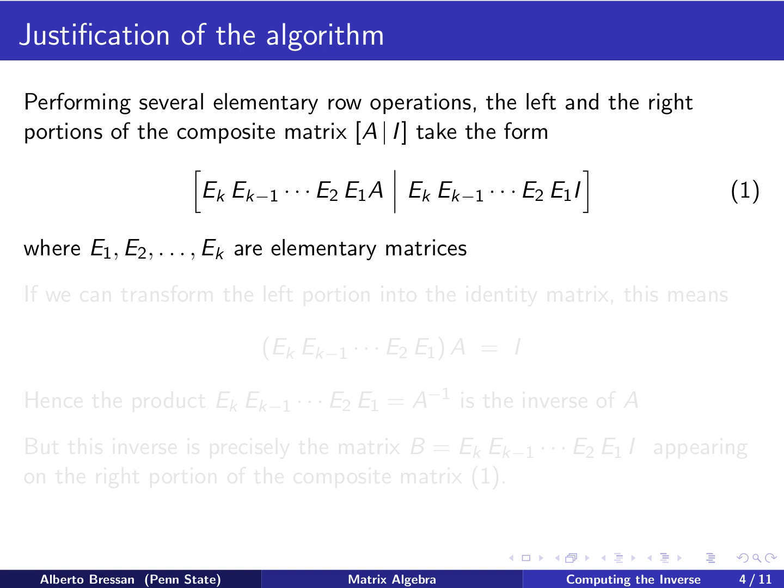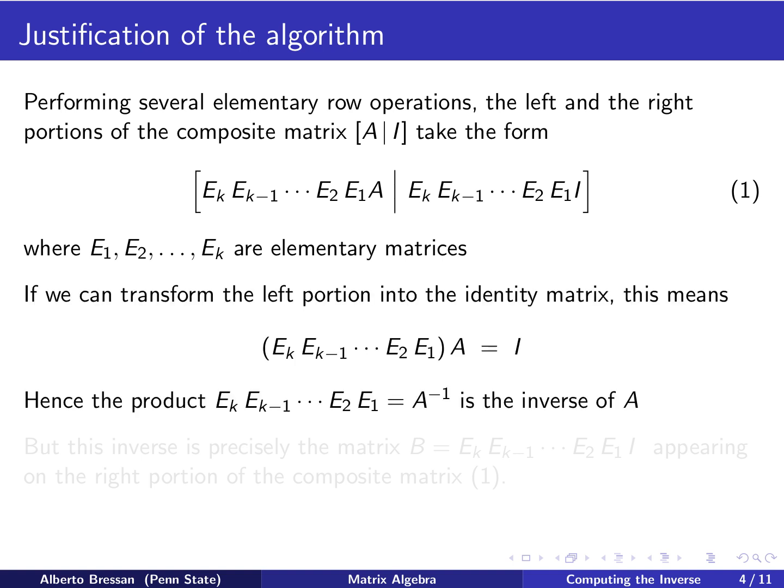If you take k steps, you just have a sequence of elementary matrices on the left of A, and the same sequence on the identity matrix.